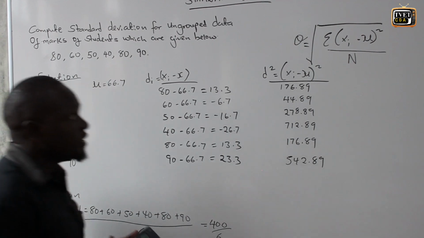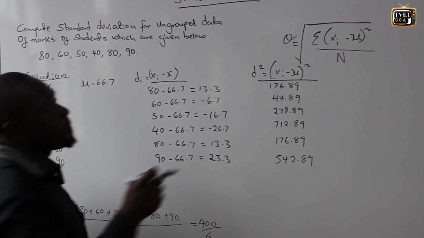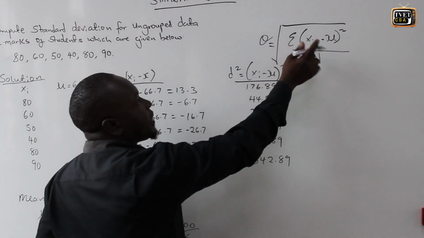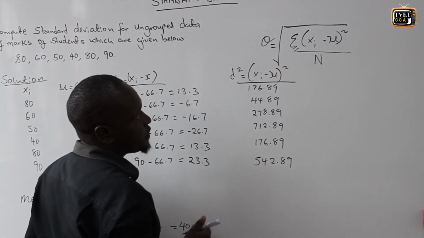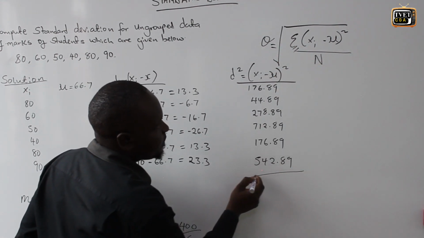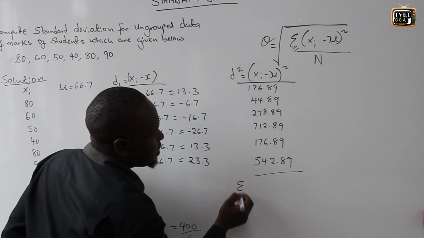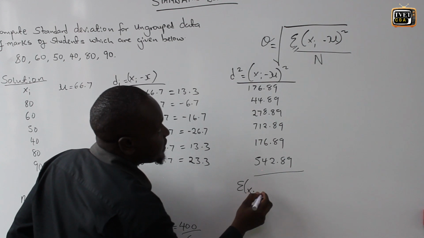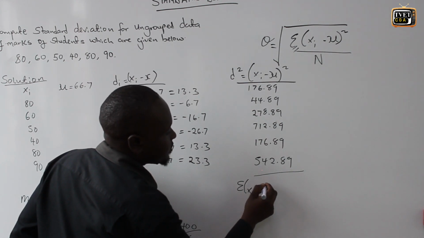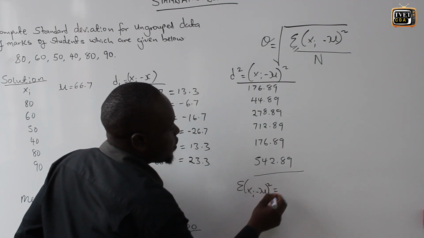Now, in the formula you can see this sign, which means summation. So the sum of (xi minus the mean) squared will be what?